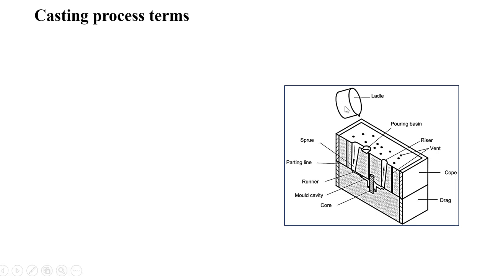This is the ladle, which is used to transfer the metal from the furnace to the mold, and there we have the sprue, parting lines, runner, mold cavity, core, risers, vent, cope, drag, and pouring basin. So what are these terms? We will discuss every term one by one.